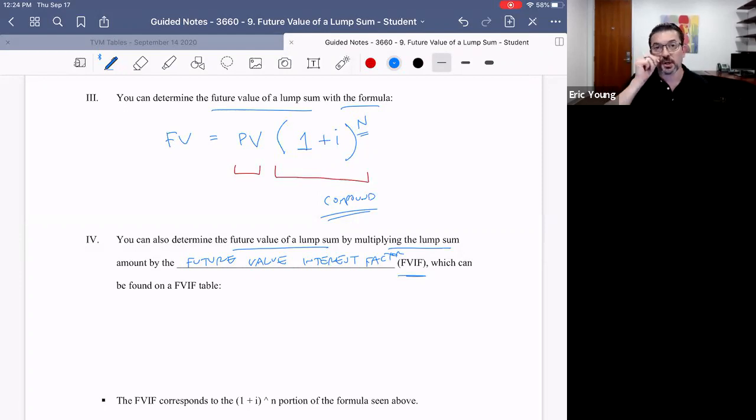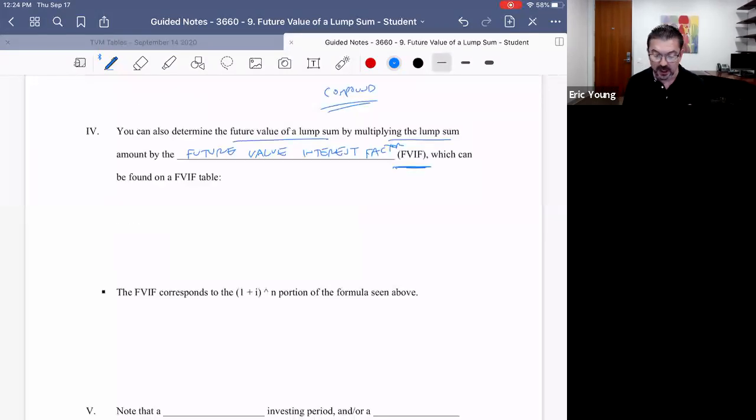If you Google search, if you look at the back of the textbook, you can find these tables everywhere. You're going to look specifically for the FVIF, the future value interest factor, and you're going to get that from the table. So the formula would be the future value is equal to the present value multiplied by the future value interest factor.